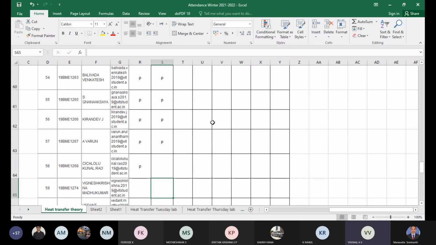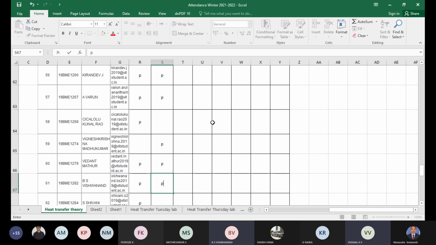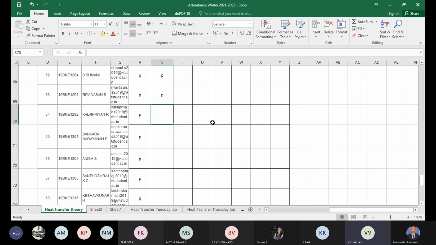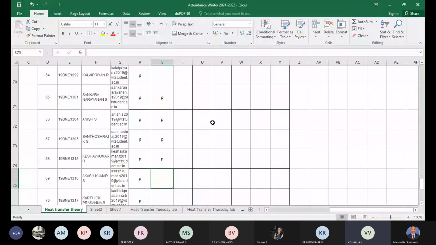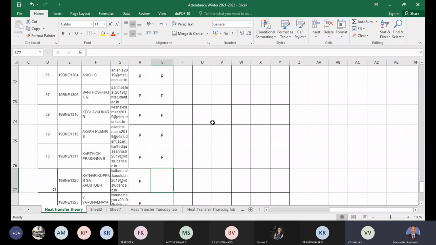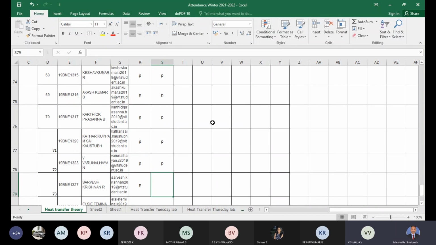Keshav Kumar, present, sir. Karthik Prasanna, present, sir.